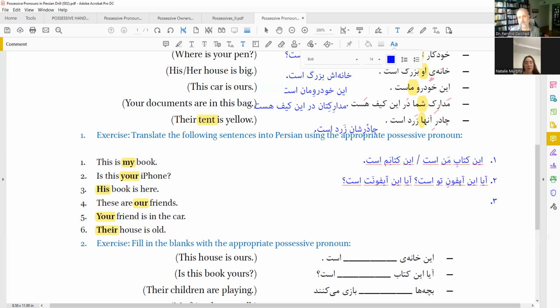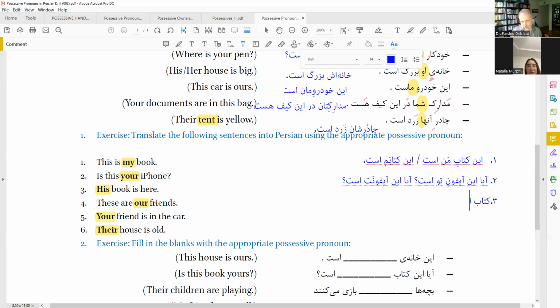So for this one, here is "inja," right? Yes, correct. So in terms of when you connect it, it would be "kitabe"? Exactly.